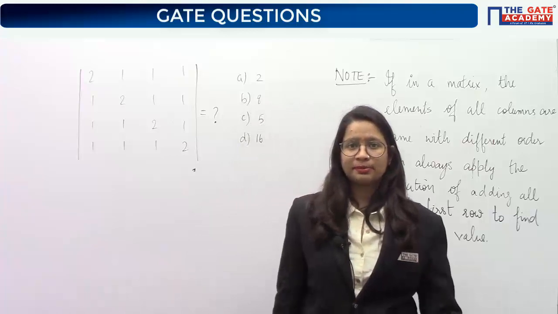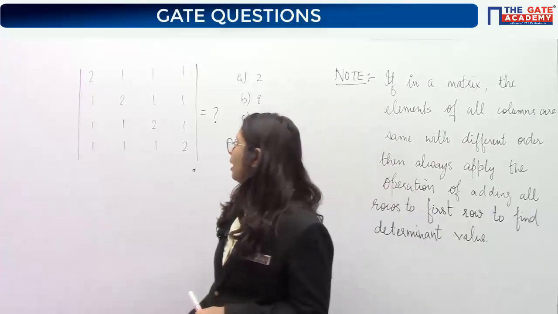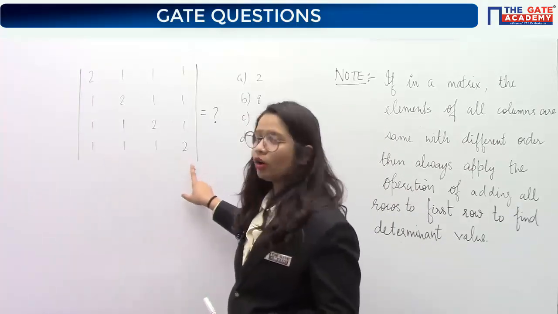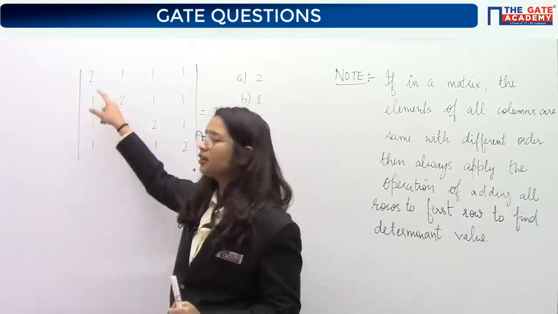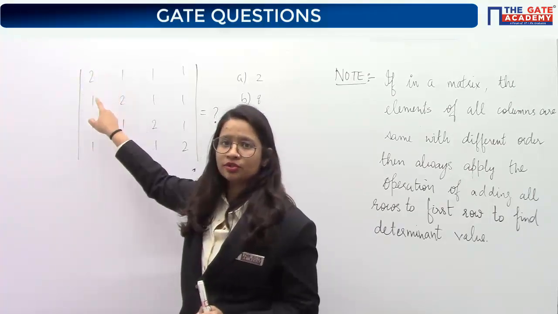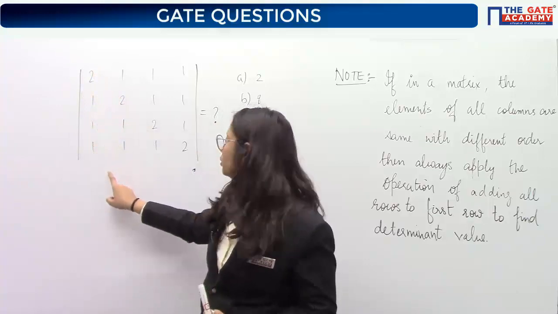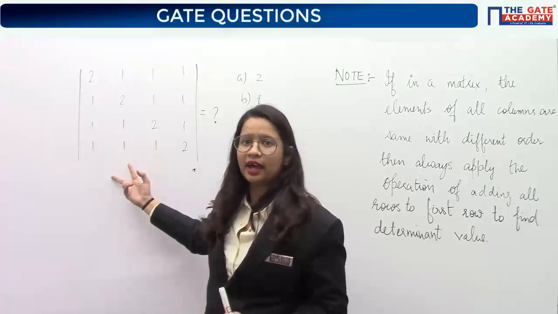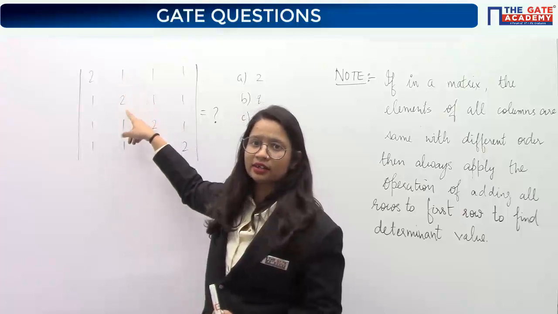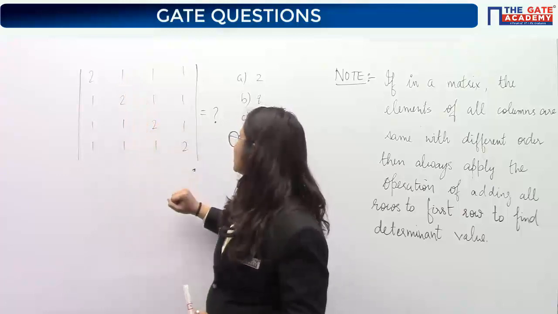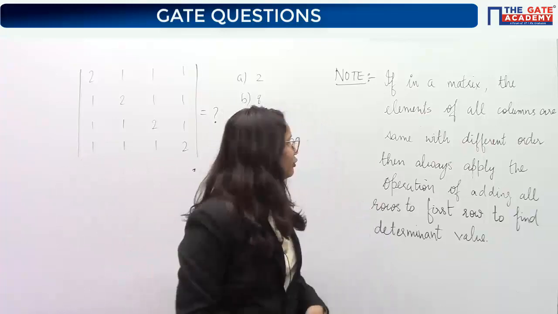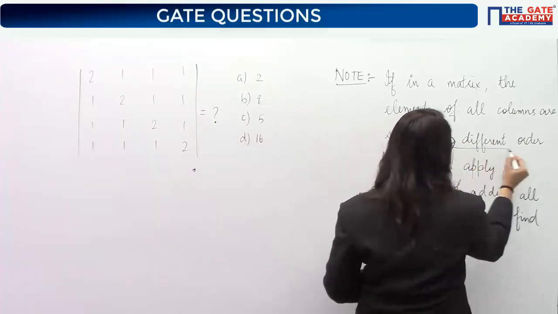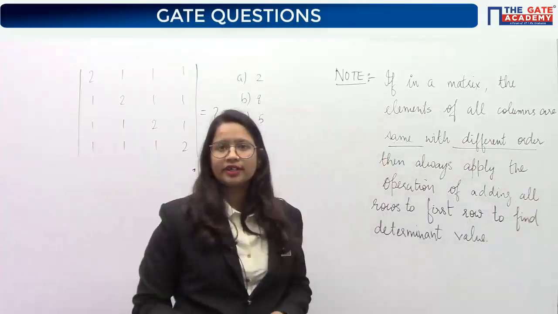Why? Because it's a special matrix which has all the columns with similar elements. You can see that C1 has first element 2, then second, third, fourth. Column two has first element 1, then 2, 1, 1. So all of these columns have the same elements with different order, just their order is changed.